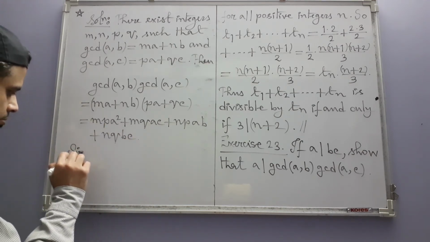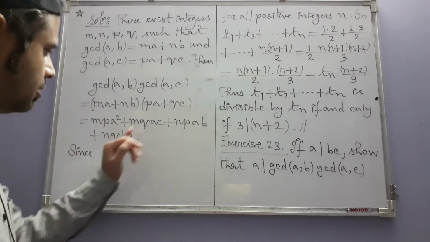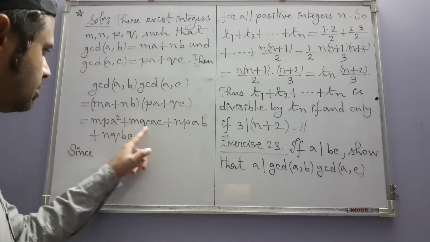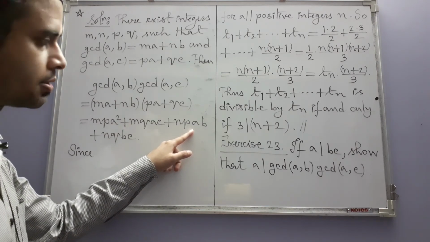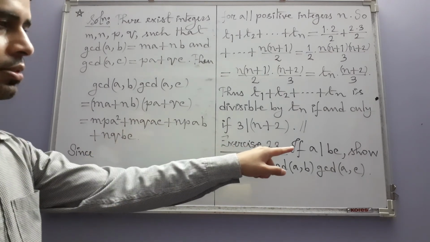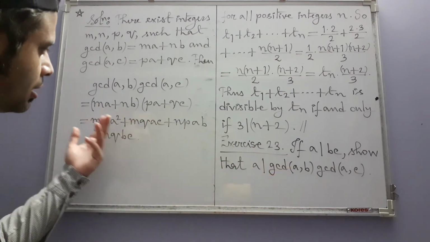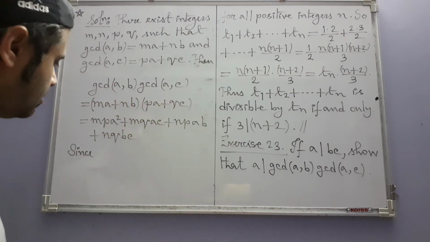Okay, so you see that there are 4 terms here. The first 3 of them already have a in them, each one of them has a, and the last term has bc, which is divisible by a. So all the terms are divisible by a. So that is why this product is divisible by a.